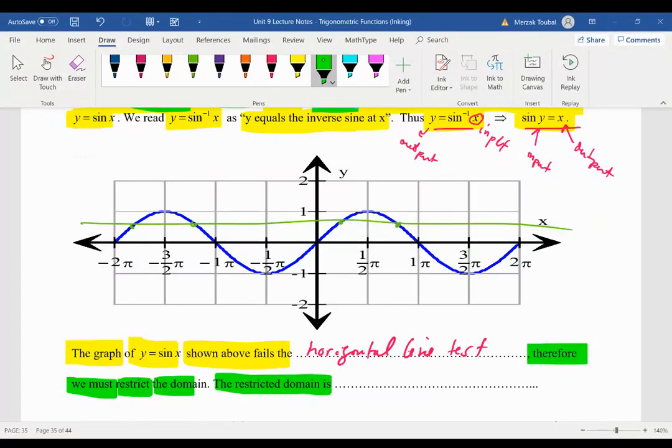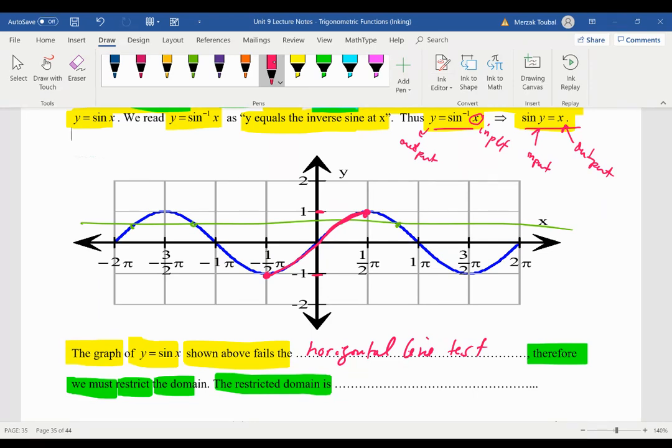So what will the restricted domain be? If we study this function from negative pi over 2 to pi over 2, all the values of the function sine are included, which go from negative 1 to 1. Every single value from negative 1 to 1 will be included.